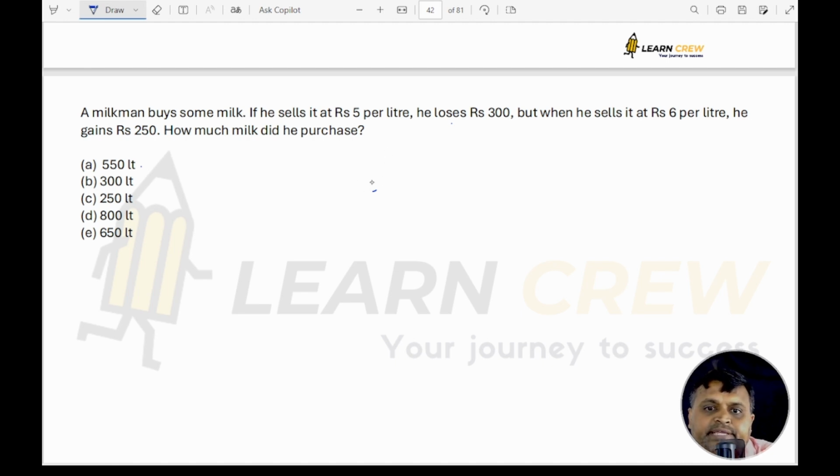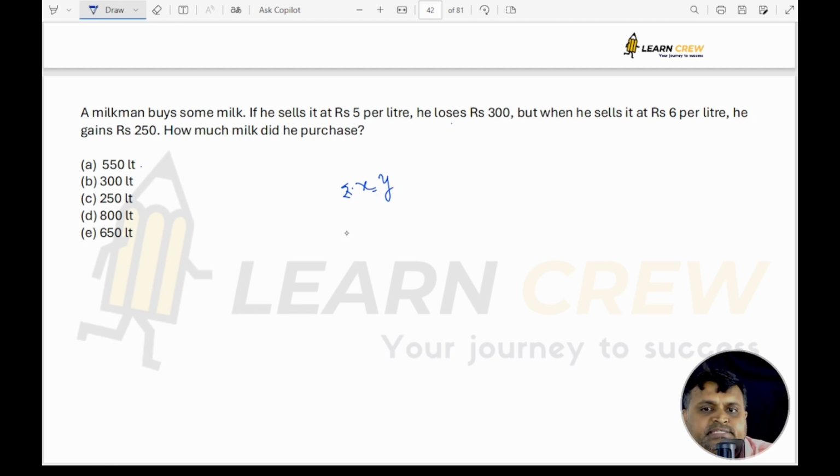So initially, let us take that the milkman buys y liters of milk at the rate of rupees x per liter. Then the total cost price would be xy.